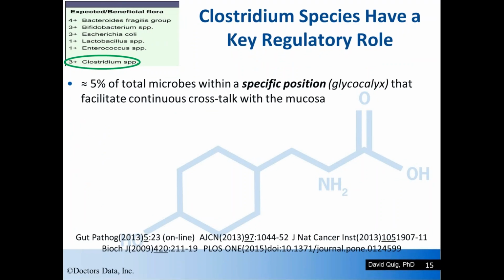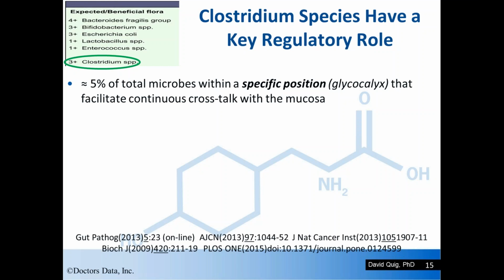Now, a key component of the commensal bacteria occupying that key real estate on the glycocalyx is the grossly misunderstood Clostridium species. They are absolutely critical for the maintenance of the mucus barrier.